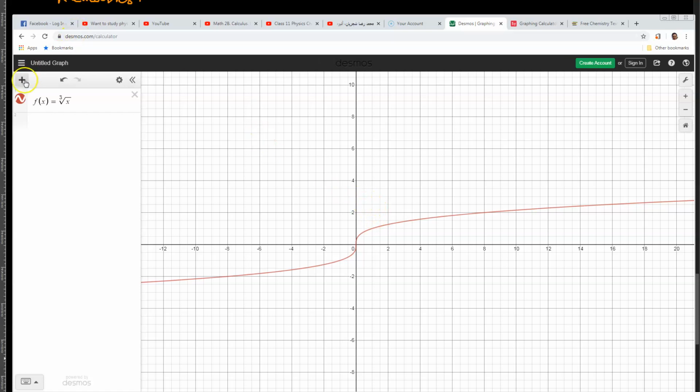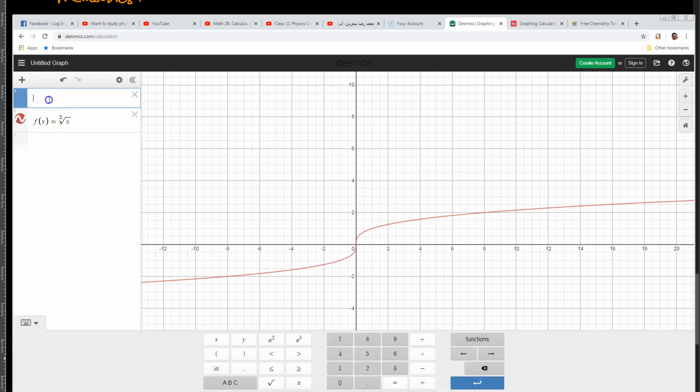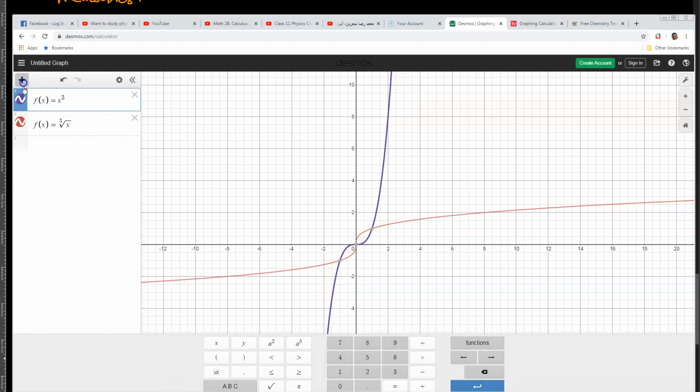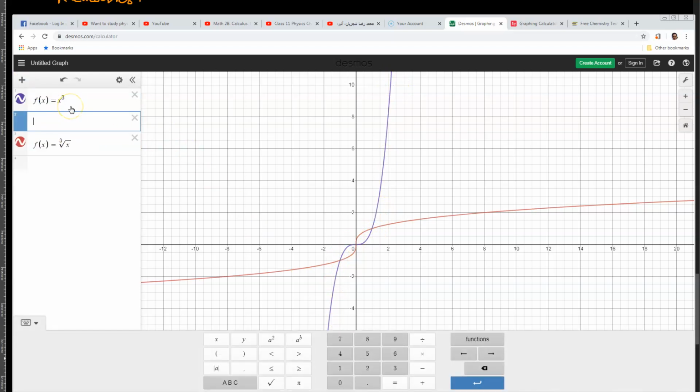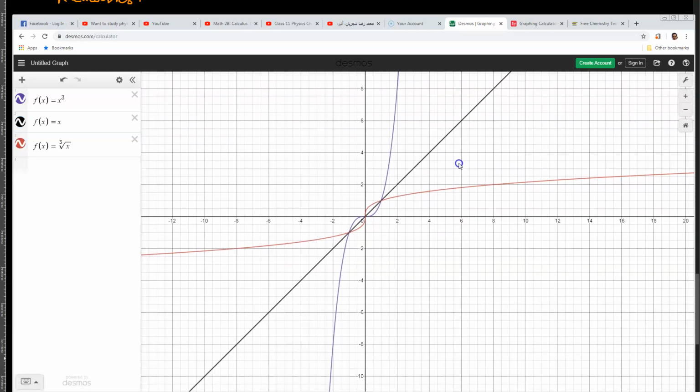Now, if I do the graph of the function f of x is equal to x cubed, you will get some function like this, as you can see, right? And then if I do the graph of the function f of x is equal to x, you can see that the two functions are symmetric about this line.